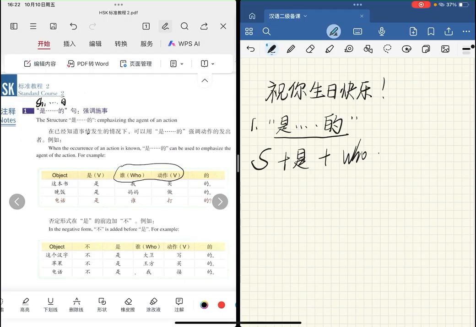Someone performs the verb, and we add the 的. So this part is the emphasis part. For example, I bought this book. So we know the occurrence of the action is known. I bought this book.